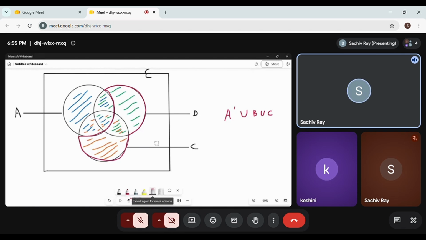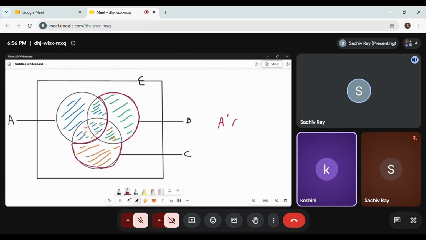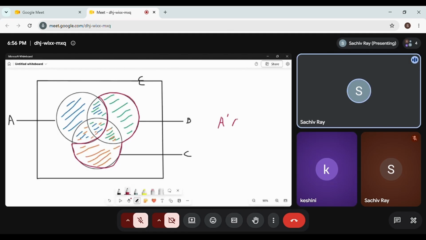Now what is this part, B and C? What has happened to B and C? Are they intersected or is there a union? Intersect is only the middle part.